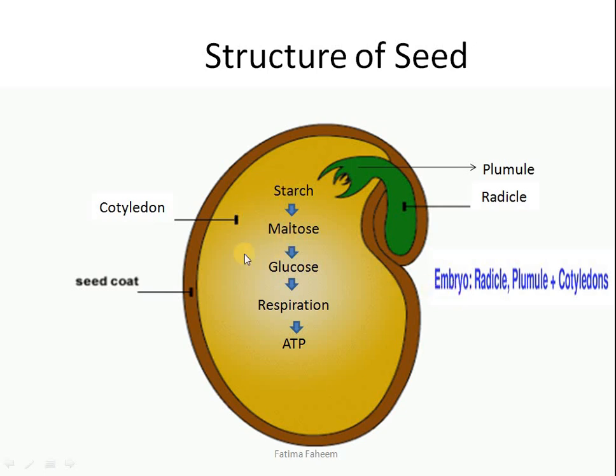If you can see here in the diagram that the cotyledons are storing starch, this starch would be converted to maltose and glucose by the help of the respective enzymes which are present in the seed. Mind it that this digestion is happening in order to let the seed respire so that it can produce ATP, which will be used for seed germination or growth.